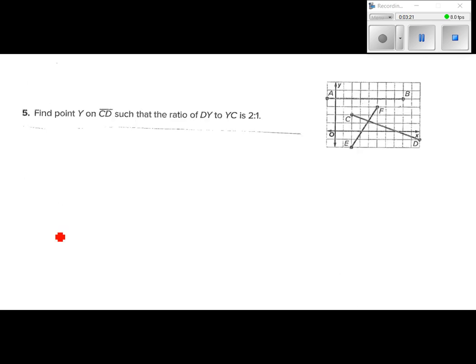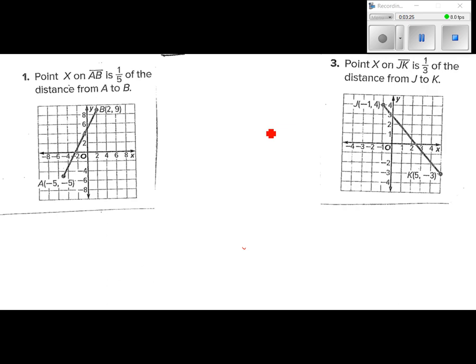On the first one, find point X on segment AB if it's 1/5 of the distance from A to B. So what point are we starting at? -5. All right, so I'm going to label these and label it on your paper there. This is X1, and this is Y1.